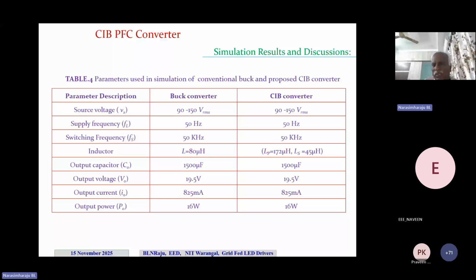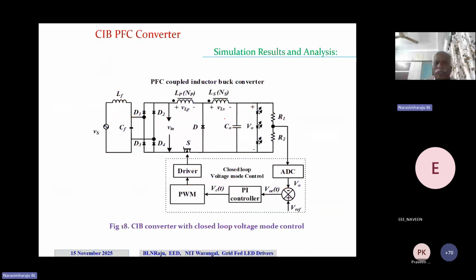So we could comfortably validate for 90 to 150 volts within the standards compliance. And for regulation, we have designed a closed loop controller so that we could provide constant output voltage.